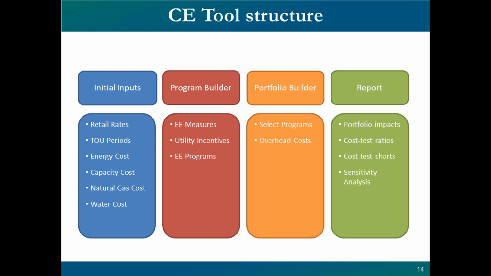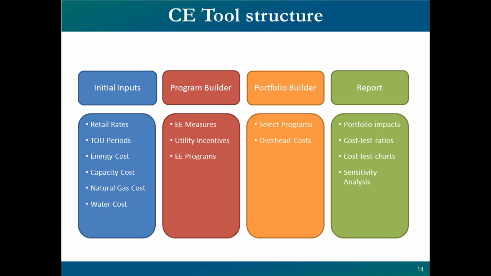The second tab, after you populate the Initial Inputs tab, is the Program Builder tab. This is where a user would enter details on all of the energy efficiency measures, the life of the measure, what the expected kilowatt hour savings from those measures are, as well as utility incentives available for each of those measures. And these measures can be all put into different programs, and the tool accommodates up to 5 programs with 10 measures each.